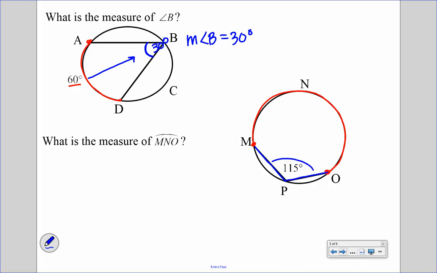Now if I give you the angle measure and we're looking for the arc, we multiply by 2, and that's going to be 230 degrees. Let's do that in red. If we go from the angle to the arc, we multiply by 2, and that's 230 degrees. The arc is twice as large, the angle is half. Okay, let's do some more.